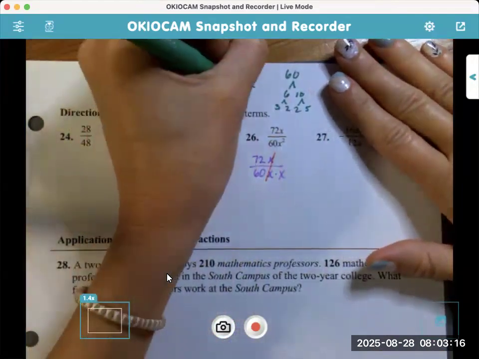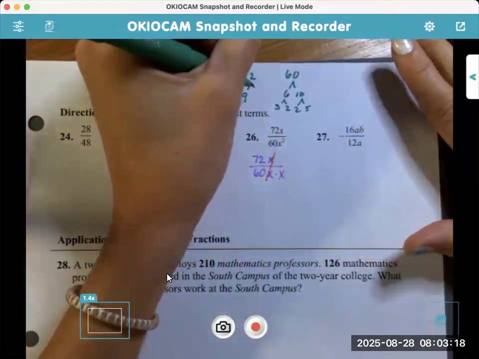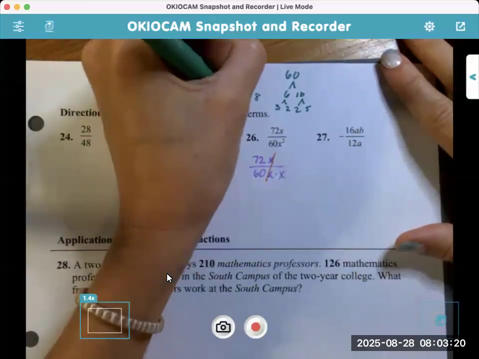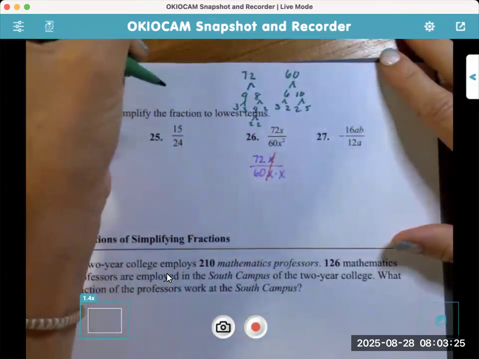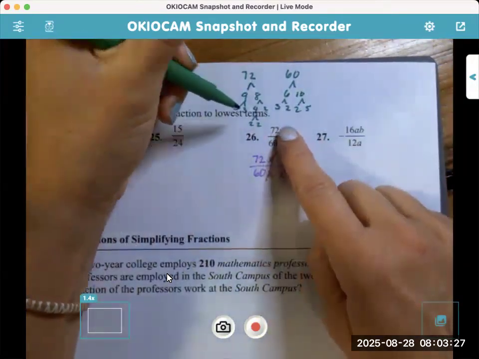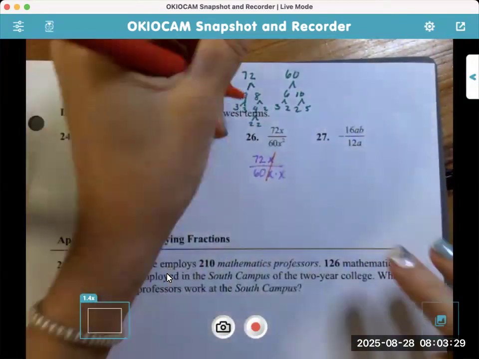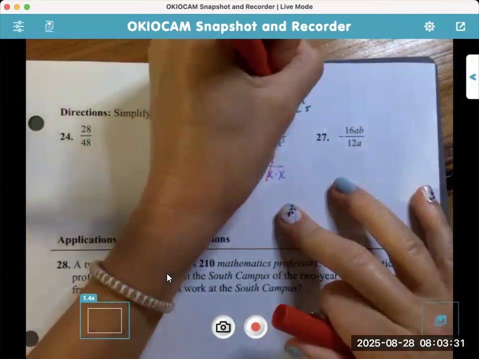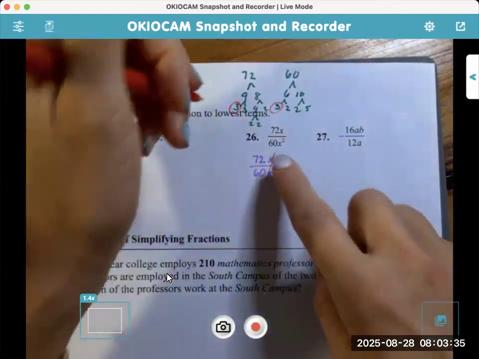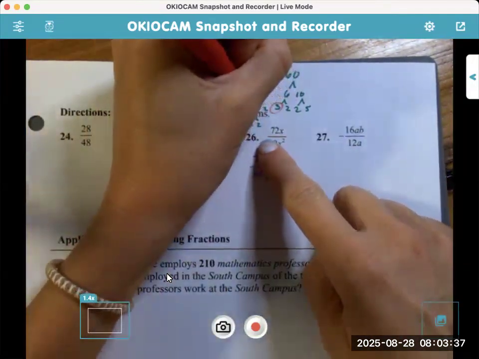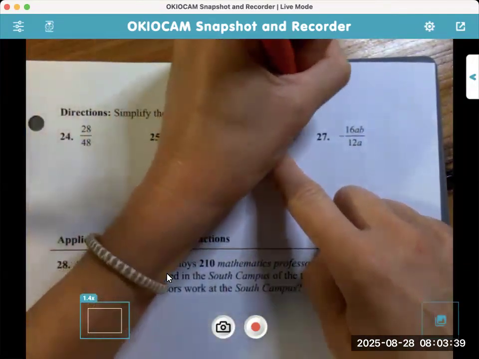72 is what? 9 times 8. That's 3 and 3, 4 and 2, 2 and 2. So they both have a 3. They both have 4s, or a 2 and a 2.